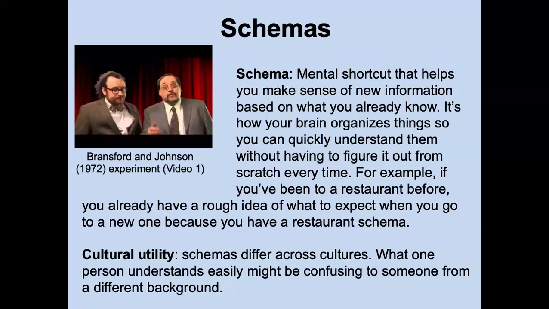The other cultural aspect to it is bias, right? So schemas play a really large role in bias. And we will talk about unconscious bias a little bit later in the semester, but unconscious bias is essentially biases that you're walking around with, that you're not really aware of, and this is where they come from, right?